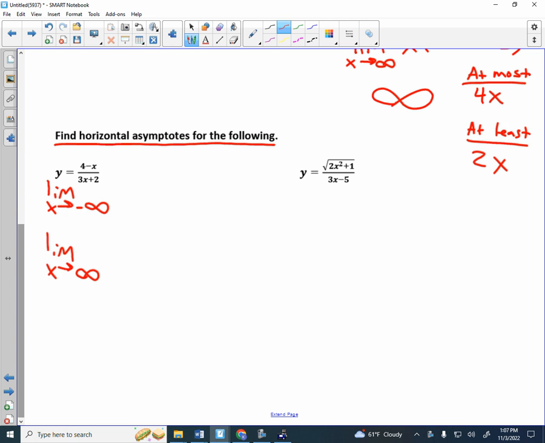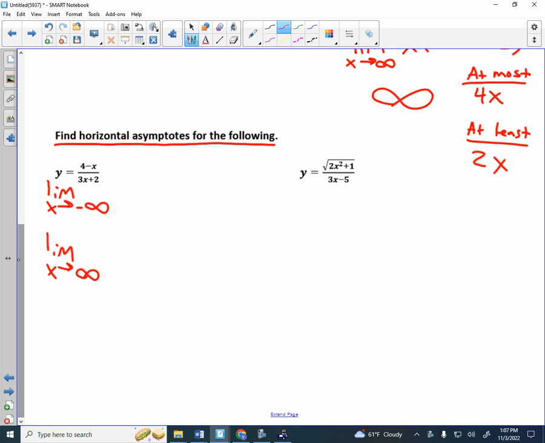What are you going to come up with? What is 4 minus a really large negative number? Everybody agree you're getting a large positive number? And then look at the bottom. 3 times a large negative number plus 2. What are you going to come up with? A large negative number. So does everybody agree that this answer should come out negative? Okay, so we're going to find it.